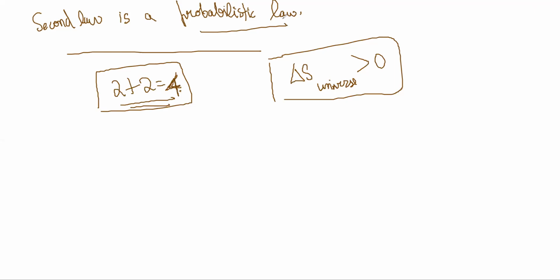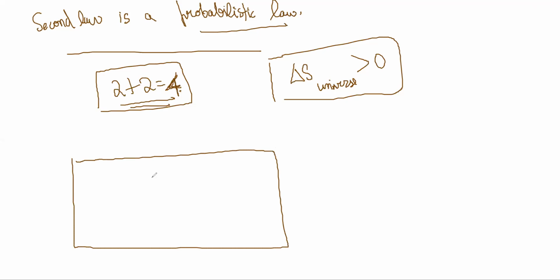For example, the example that I gave you, that all the molecules move to one side of the room on their own. That is a process that should not happen on its own, but that doesn't mean that it is banned outright, or that it is impossible.